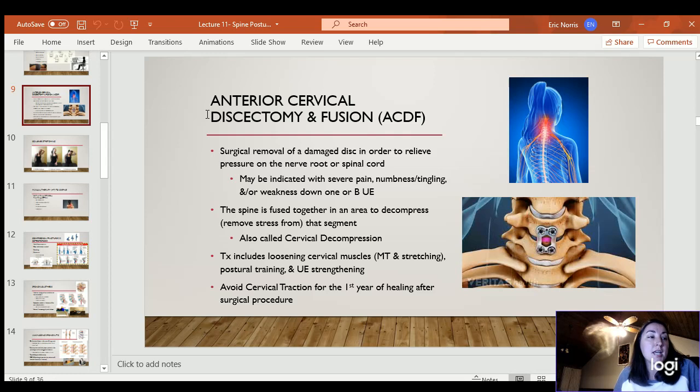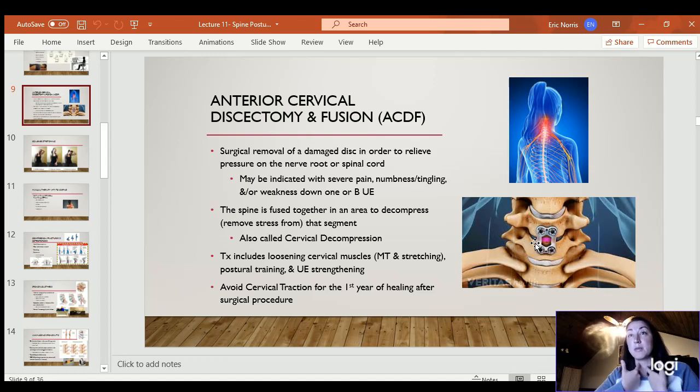So this is a surgical approach to remove a damaged disc in order to relieve pressure on a nerve root or on the spinal cord itself. So like right here, if there was a severe disc bulge or herniation that was pushing into the spinal cord, what they would do is they would come in anterior because they come in through the front.